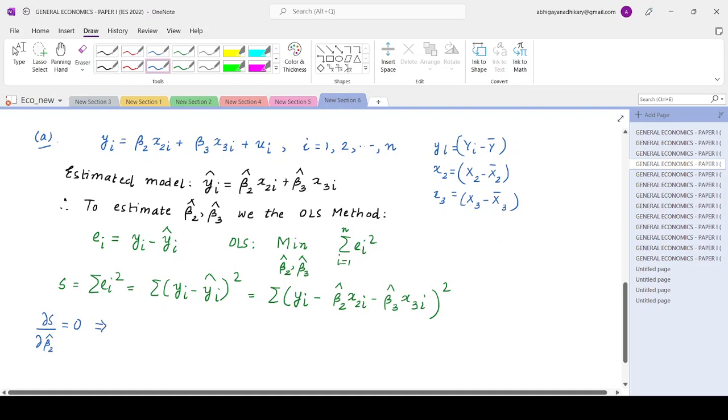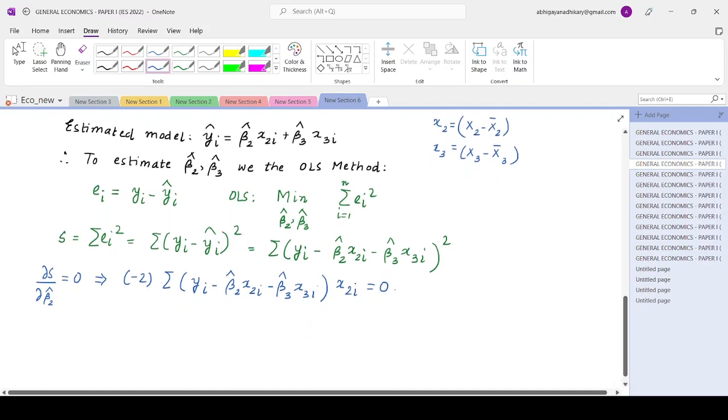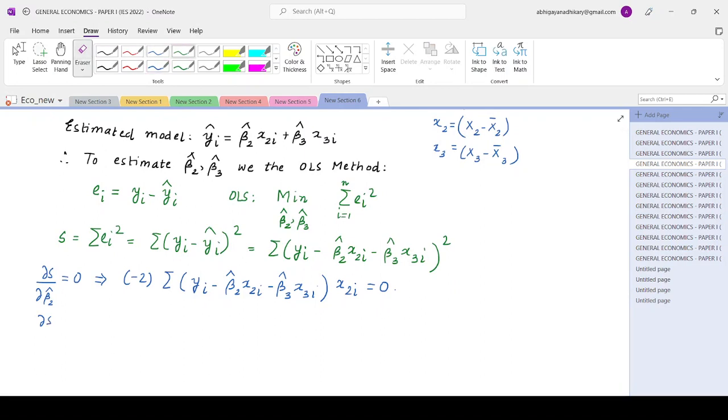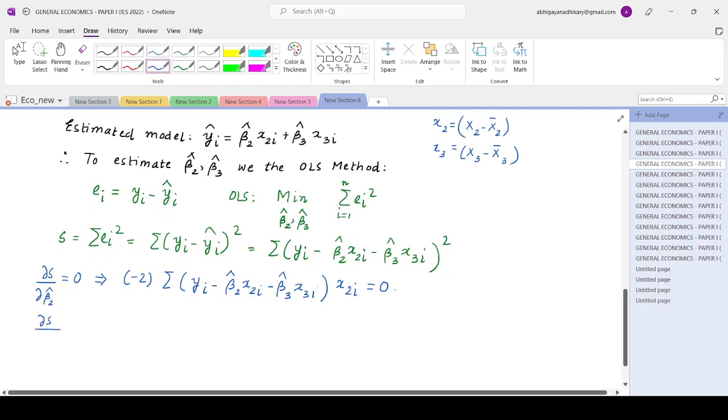So this gives us minus 2 out, summation of yi minus beta 2 hat x2i minus beta 3 hat x3i, whole multiplied by x2i, and that equals 0. And similarly, taking the partial derivative of S with respect to beta 3 hat and setting it equal to 0, del S by del beta 3 equals 0.